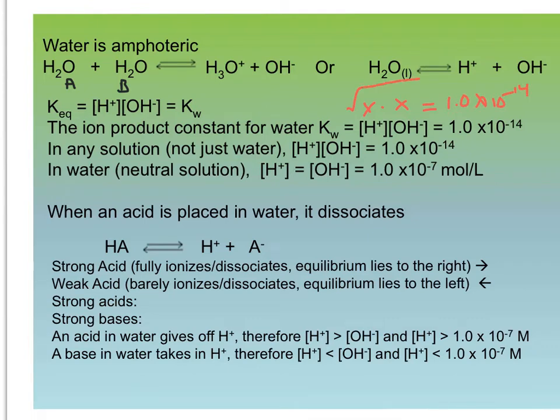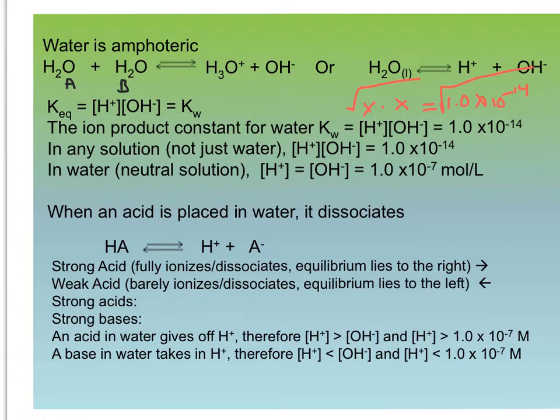So this is X squared. If you take the square root of both sides, you get X is equal to 1.0 times 10 to the negative 7th molar. So in water, or any neutral solution, the H+ concentration is equal to the OH- concentration, which is equal to 1.0 times 10 to the negative 7th molar.